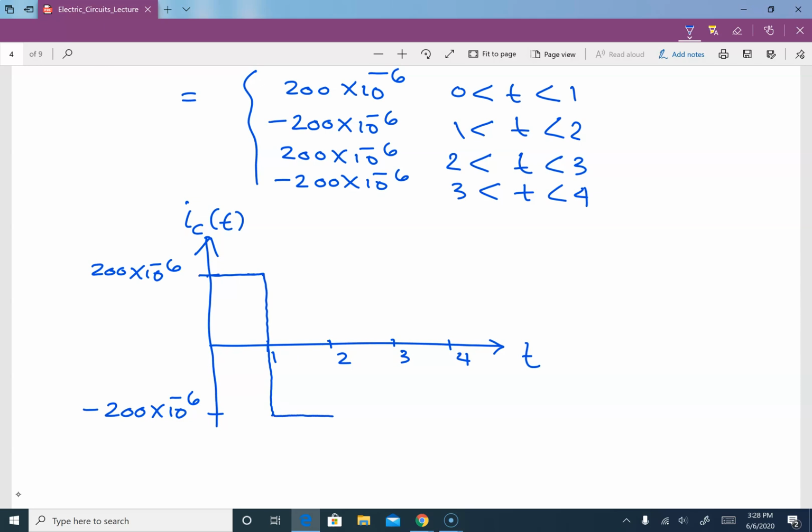Between 1 and 2 it is negative 200. Positive 200 between 2 and 3. And negative 200 microampere from 3 to 4. So this over here is the current waveform.